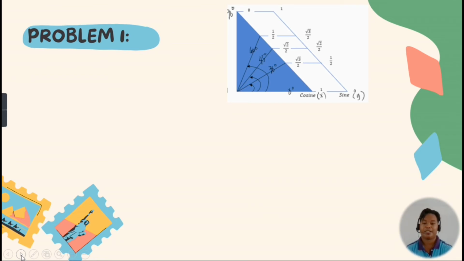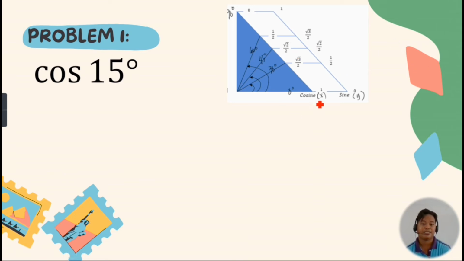So we have cosine 15 degrees. Since we have all these special angles here, how are we going to compute 15 degrees from these special angles?